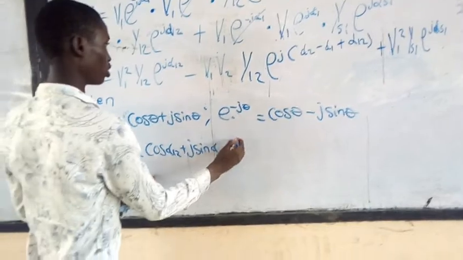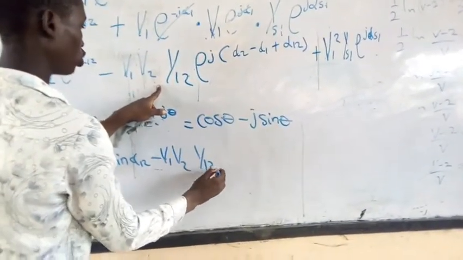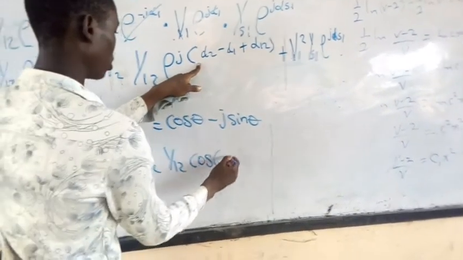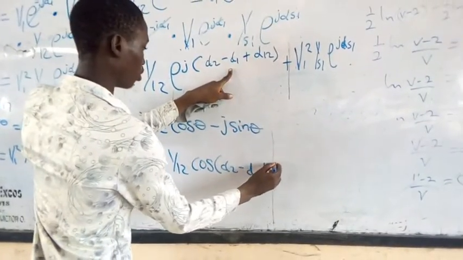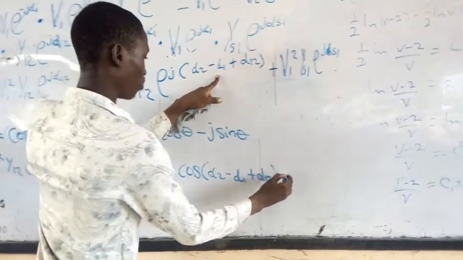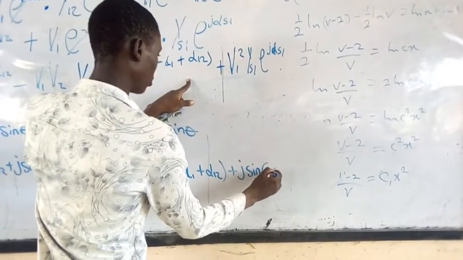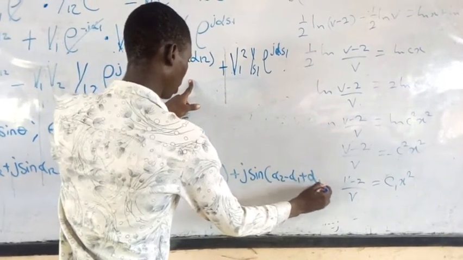Okay, minus v1 v2 y12, then we come here cos into bracket d2 minus d1 plus alpha 12 plus j sin the same thing, d2 minus d1 plus alpha 12.